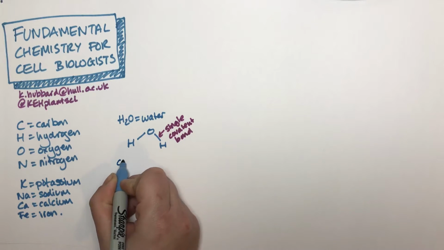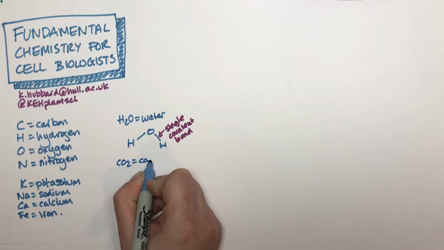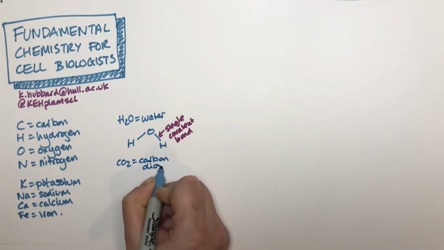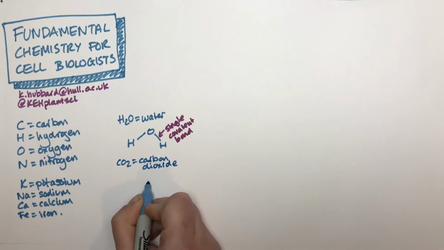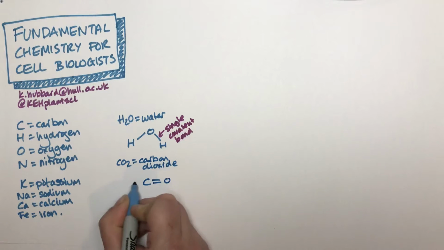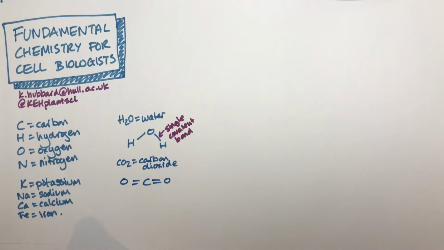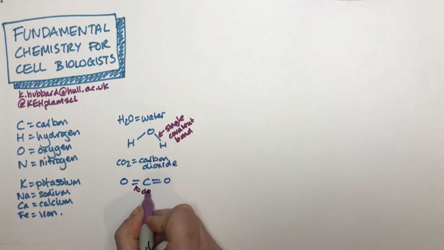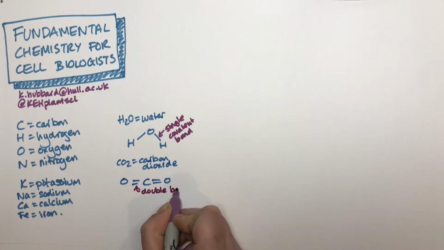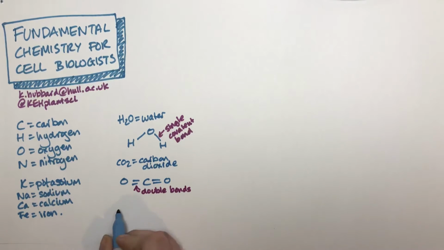We might have CO2, so carbon dioxide. That would be a central carbon, and then 2 oxygens coming off either side. And there we've got double bonds, so they would be stronger than the single bond in the water molecule above. And then we can have triple bonds. So for example, we can have a cyanide group.